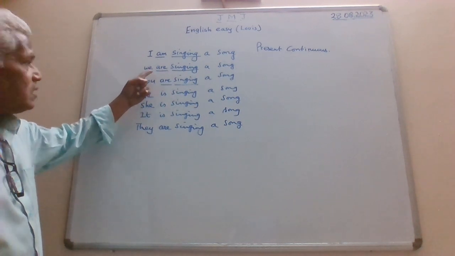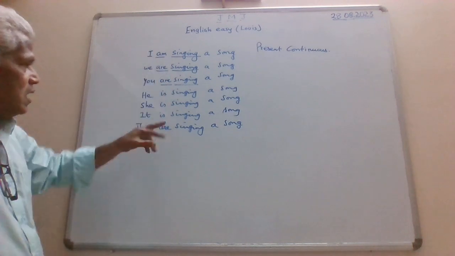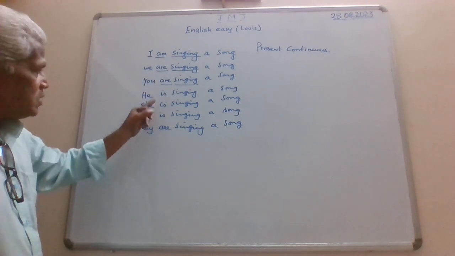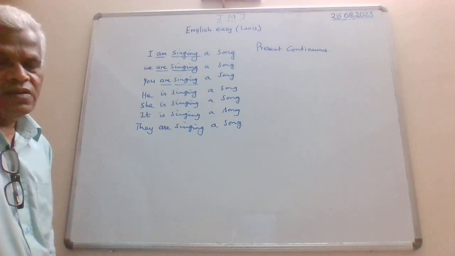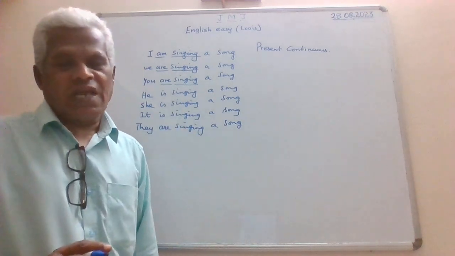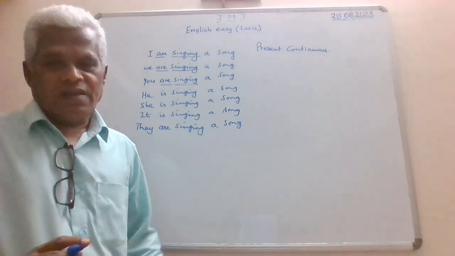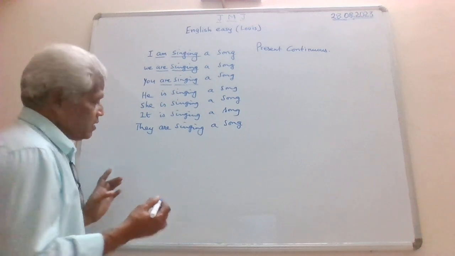For plural, you have are, main verb, ing. And then for third person singular, you have is, main verb, ing, then the object. So what is the formation of the verb for this present continuous tense? So this is the formation. Let me write it here clearly.